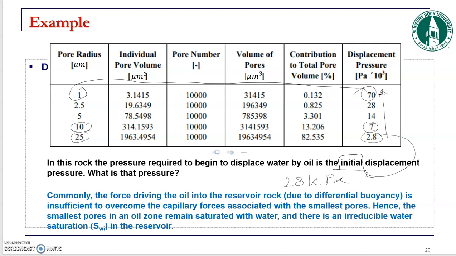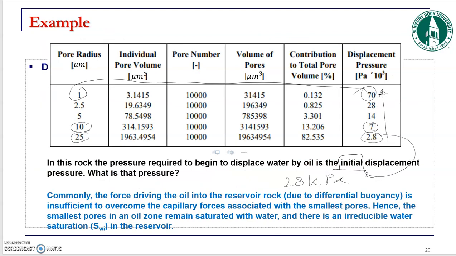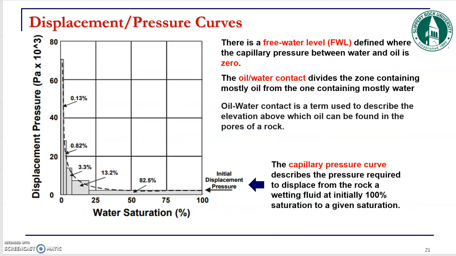All right, so this picture is related to that example still. Look at what you see in this picture. The x-axis is the water saturation. Remember the definition of water saturation. Water saturation was equal to the volume of the water inside the pores divided by pore volume, right?